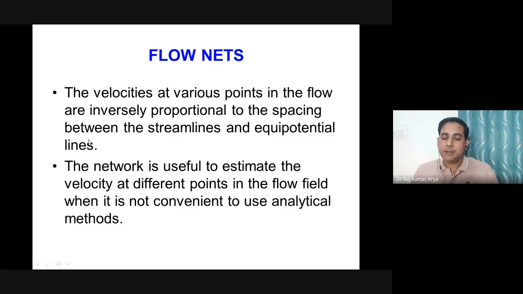Okay. Now, the next part. A flow net is useful to estimate the velocity at different points in a flow field when it is not convenient to use an analytical solution.